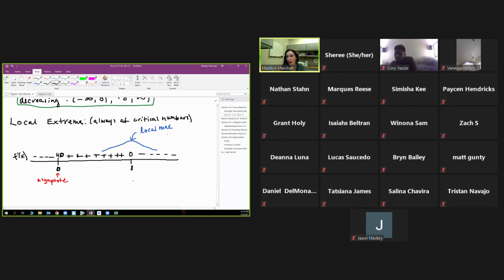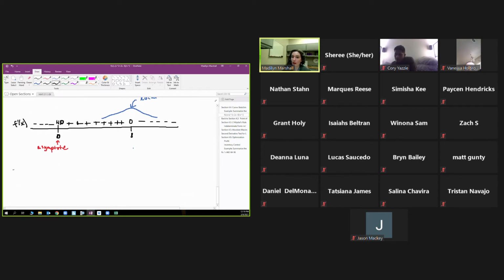So local extrema are always at critical numbers. So there's only a local maximum here. So we have a local max at x equals 8.